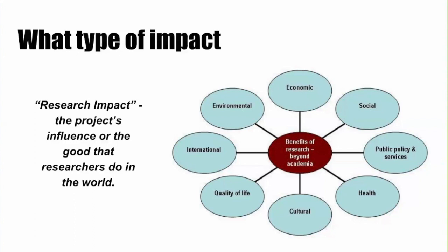Maybe you're trying to improve the quality of the environment. Maybe you're trying to improve the quality of life for people. Maybe you're trying to impact a technological process so that you're speeding things up and things can get done more quickly. So depending on what type of impact you're aiming to achieve is going to depend on the types of processes and outputs that you're creating.